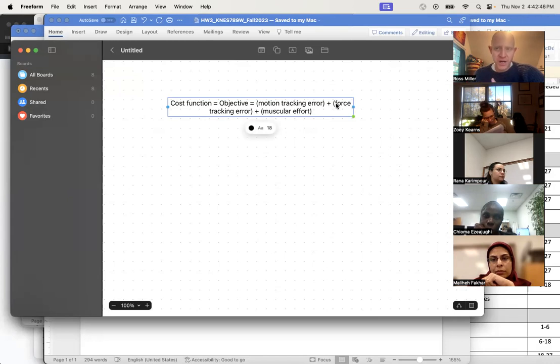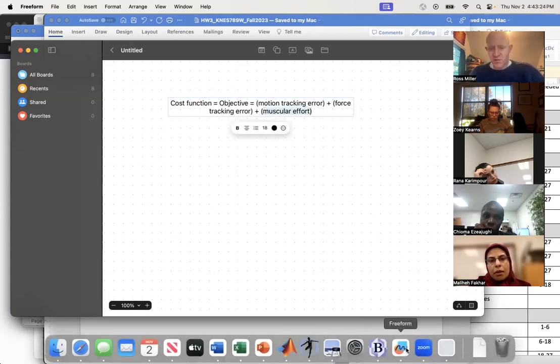It's taking the model's ground reaction forces, comparing them to the target ground reaction forces, taking the difference, squaring them, and averaging them. And that's the ground reaction force tracking error. Okay. Then it's taking all the time-varying muscle excitations that the model used to move in that particular way, squaring them and adding them all up, right? So that's the quantity of muscular effort there, the sum of the squared excitation signals of the muscles. Okay.